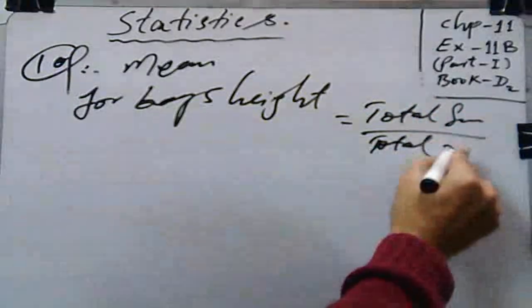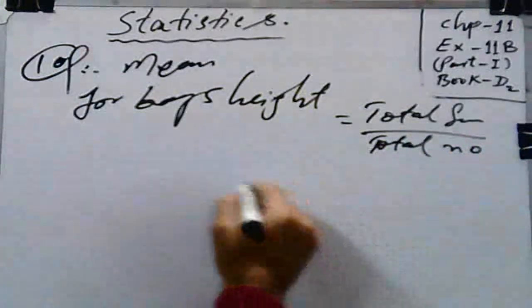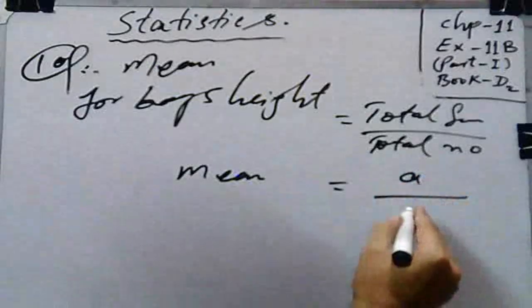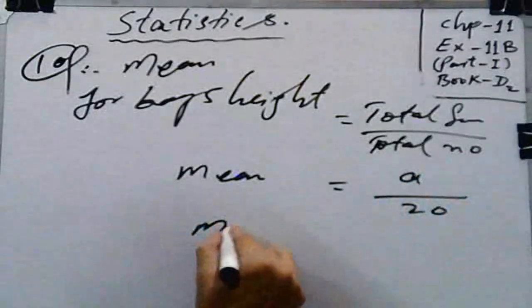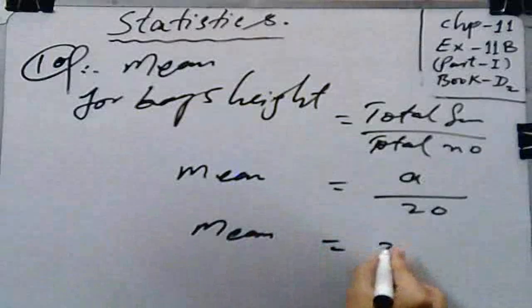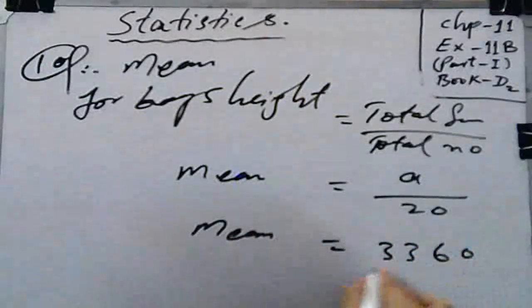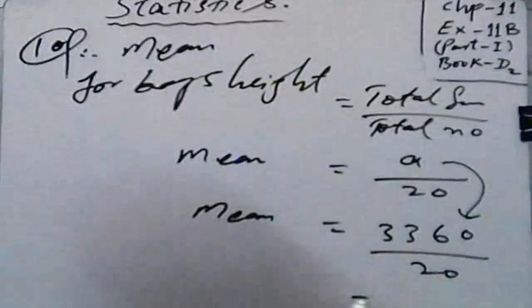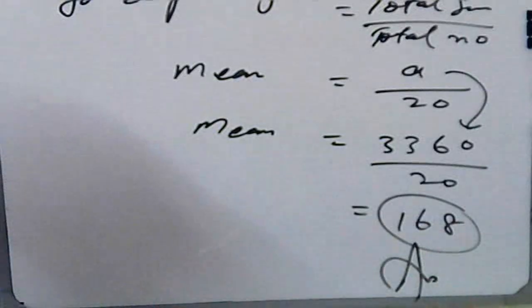The total sum for boys is A, the number is 20, so the mean is 3360 divided by 20, and you will get 168. That is your mean height for the boys.